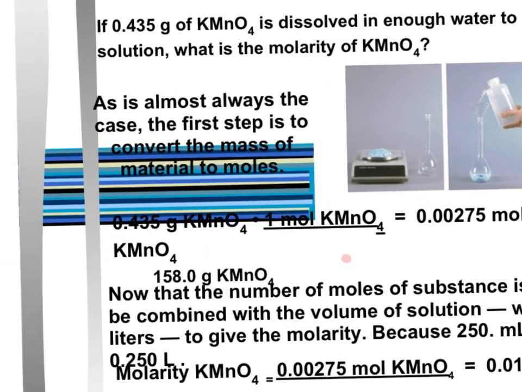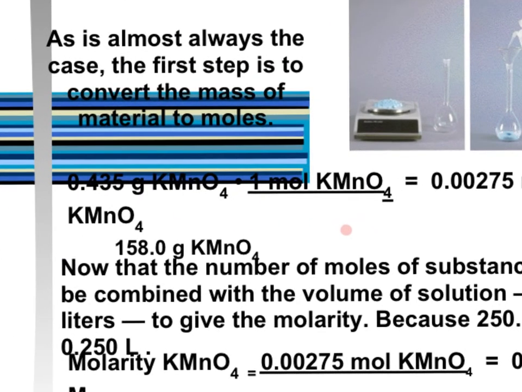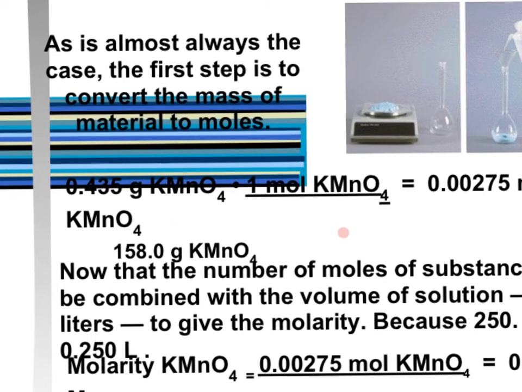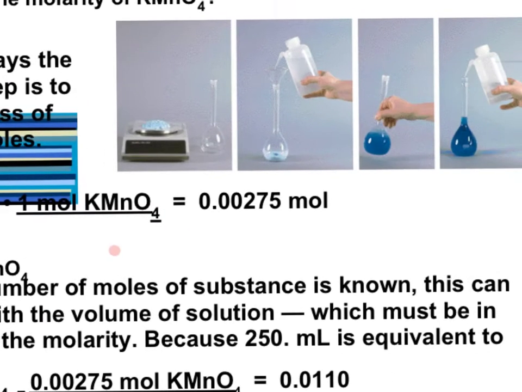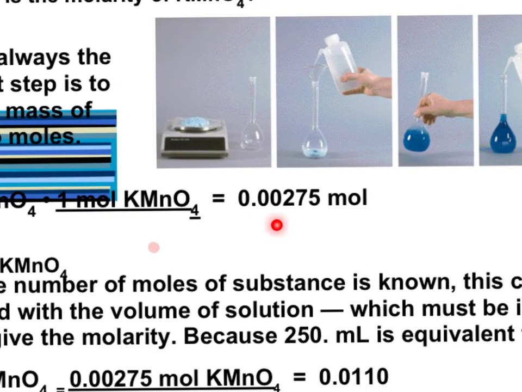In order to solve the question, you want to convert your mass to moles before you do anything else. So if I have 0.435 grams of potassium permanganate, I'm going to find the molar mass. 1 mole is equal to 158.0 grams. You would divide those numbers to get 0.00275 moles.